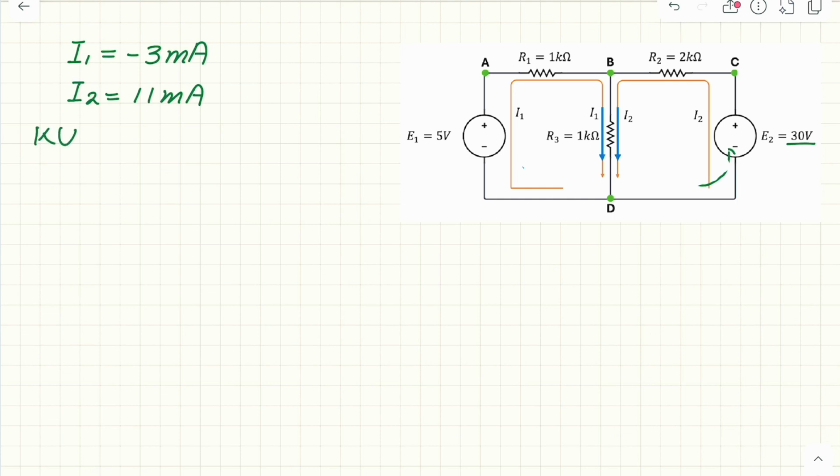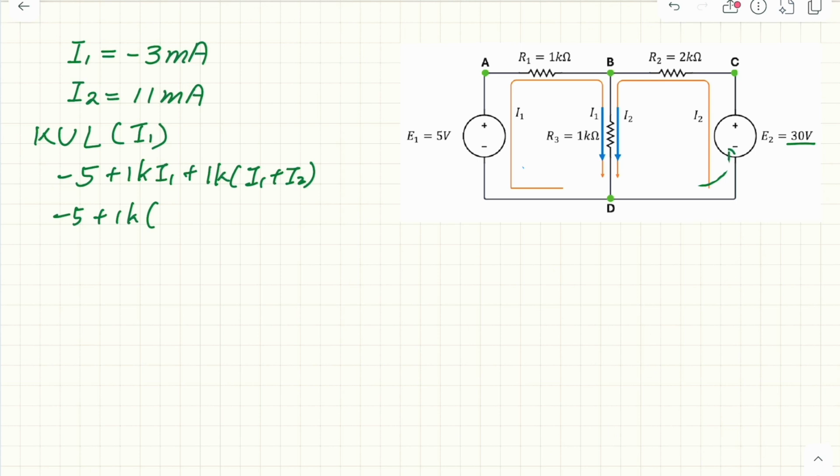KVL for I1 is minus 5 plus 1K I1 plus 1K (I1 plus I2). So minus 5 plus 1K times minus 3M plus 1K times (minus 3M plus 11M). So we have minus 5 and then we have minus 3.